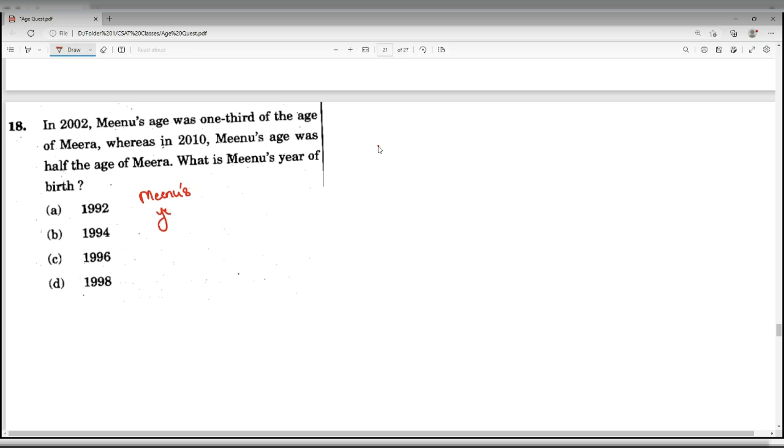They have 2002 and 2010, and you don't know Meenu's year of birth. So let that be Y. And we have Meenu and Meera here.